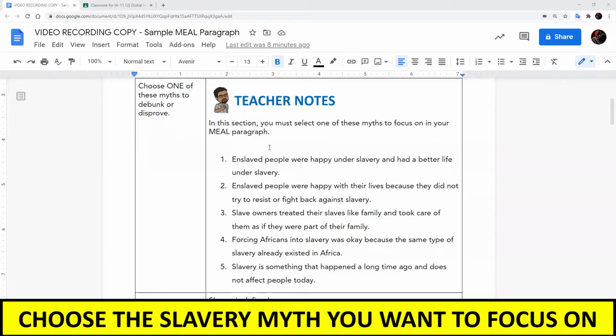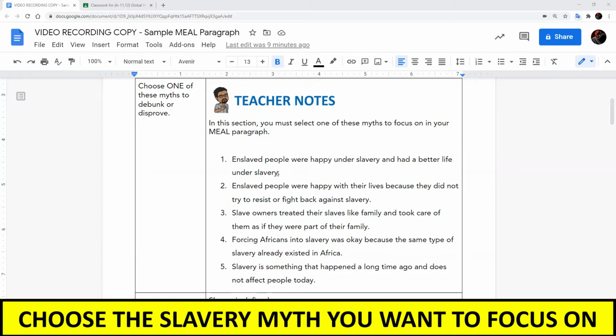The one on the right is where you're going to be doing your work. In this example, this is also where you'll find the samples of the MEAL paragraph parts that I'm presenting in this video, and what you will see on the Google Classroom to help you out.